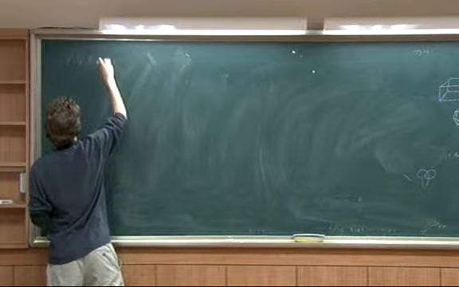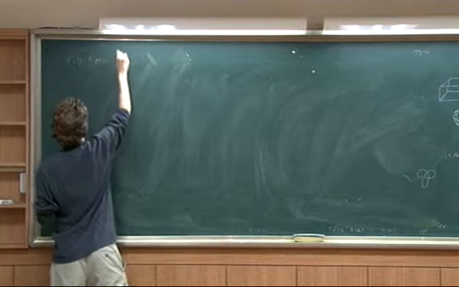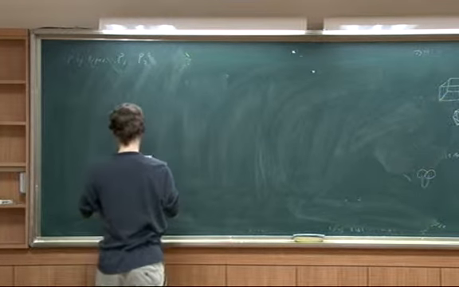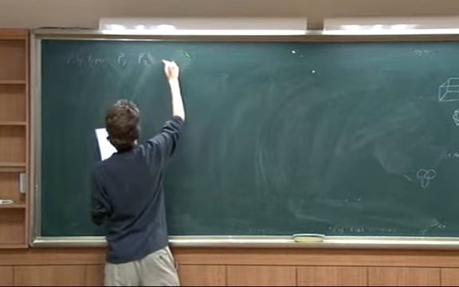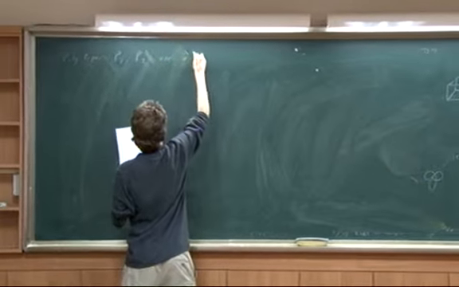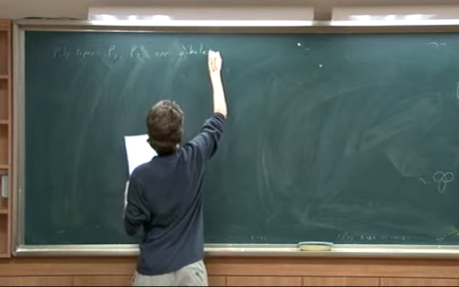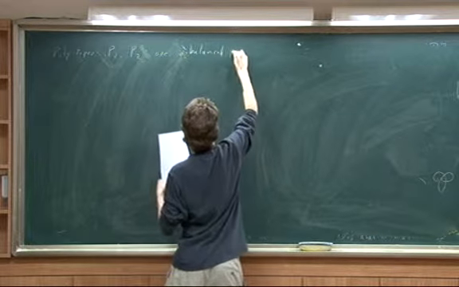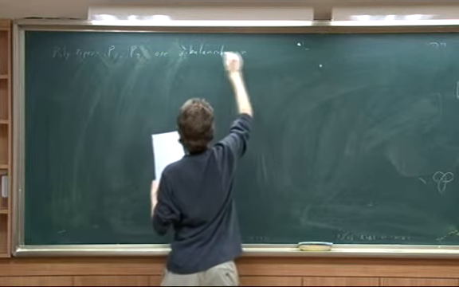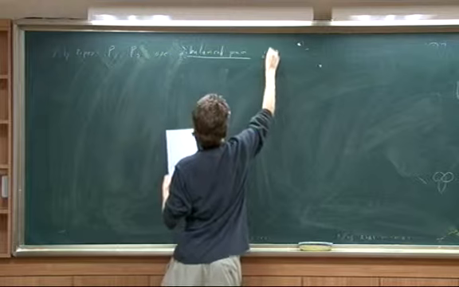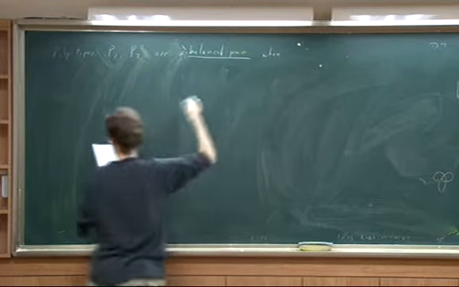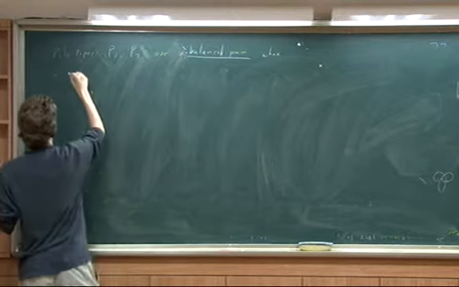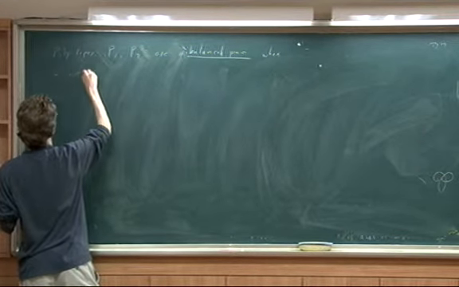If I have polytopes P1, P2, these are a balanced pair when they have to be centered.